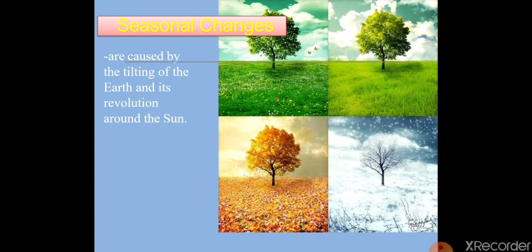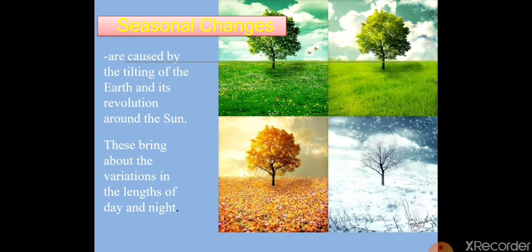We experience different seasons because of two reasons: the tilt of the earth and its revolution around the sun. This brings about variations in the lengths of day and night. You know, in different seasons we can experience the difference in the length of the day and night.